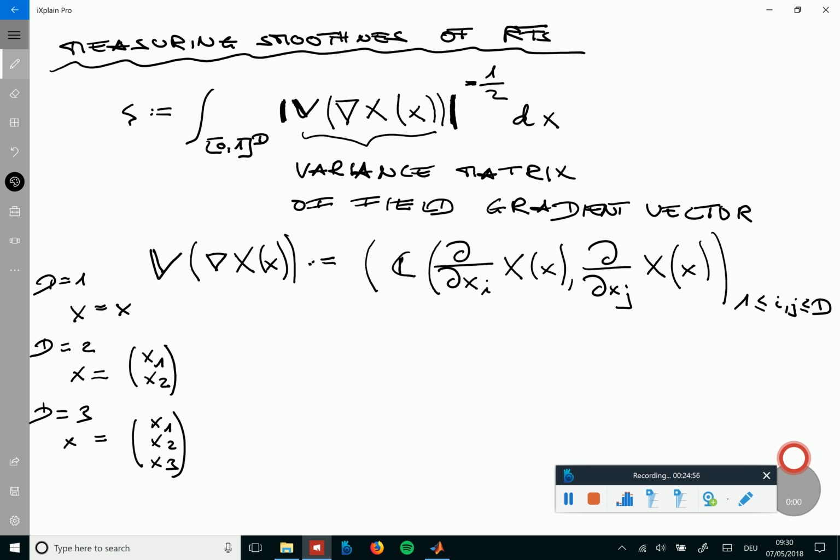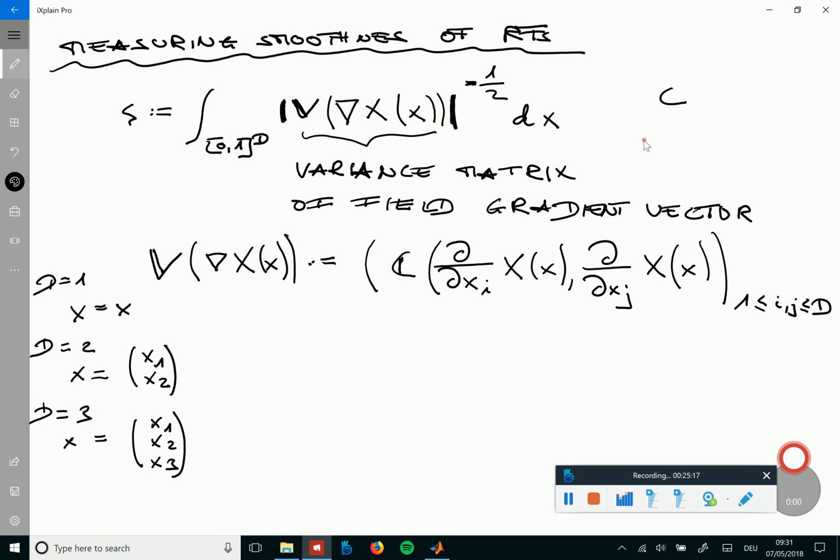Because from just seeing this equation, it's not really clear how it captures smoothness. But one thing that one can say from the very beginning is that at least what comes out in the end is a single number.